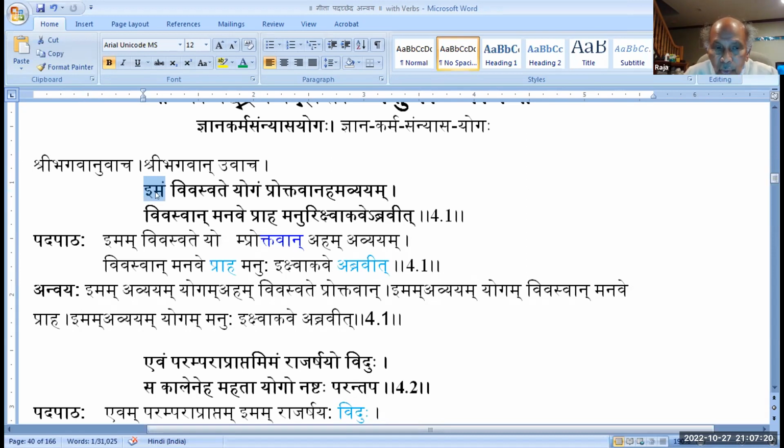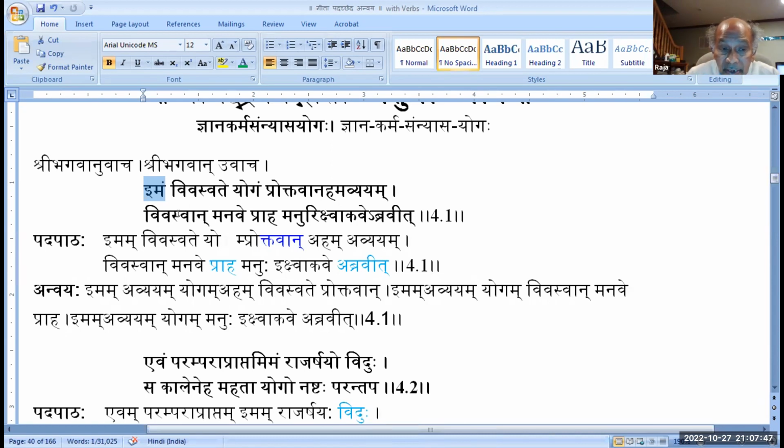Imam avyayam yogam, in anvaya, the prose order: Aham imam avyayam yogam, this yoga, was told to Surya in the beginning of the creation by me.